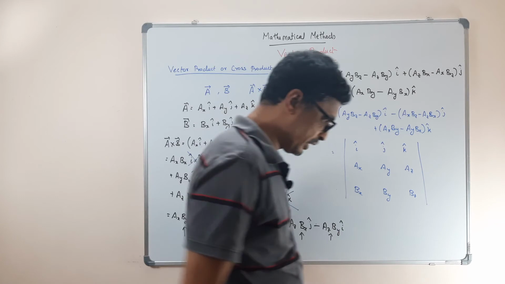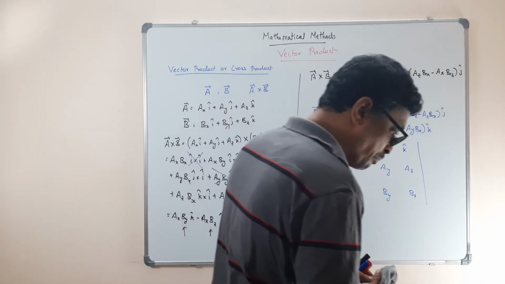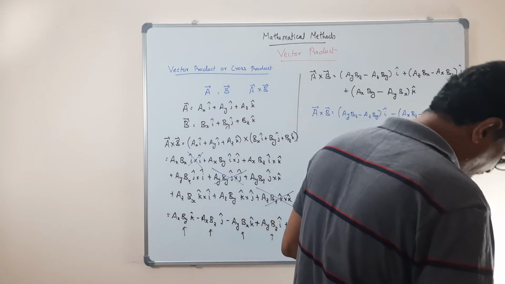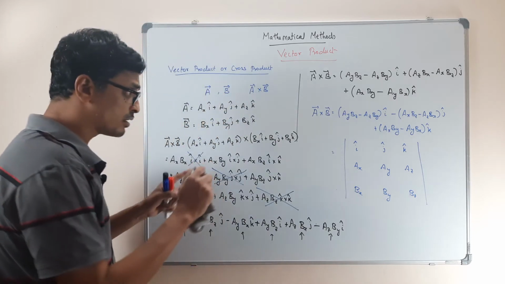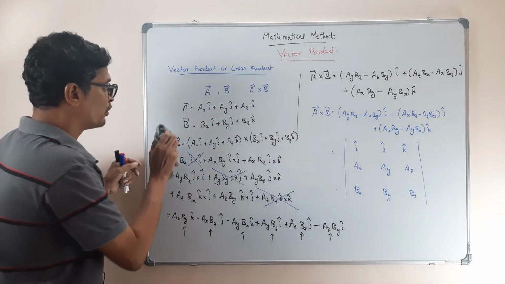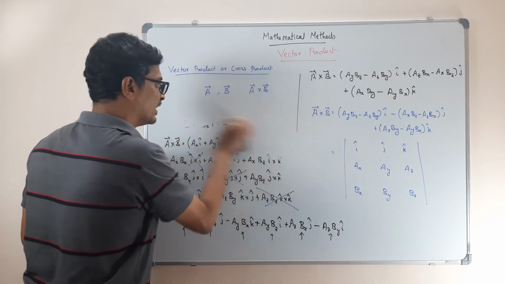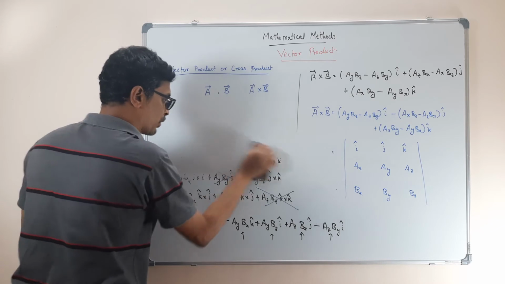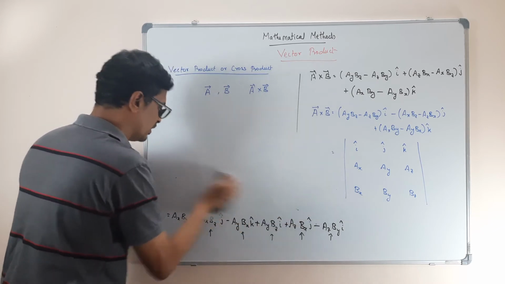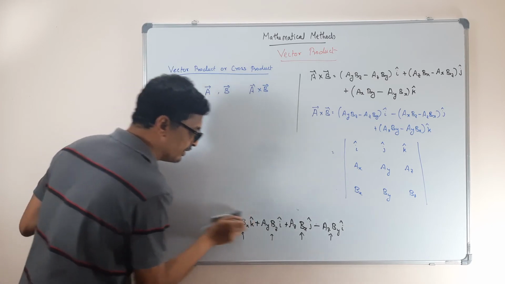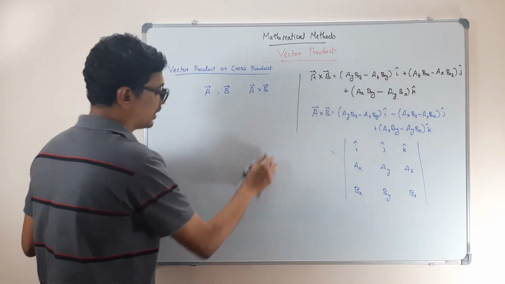Now there is something in your book called the area of a parallelogram. That's very simple actually. The magnitude of a cross product of two vectors is equivalent to the area of a parallelogram, when you construct the parallelogram with the vectors as sides.